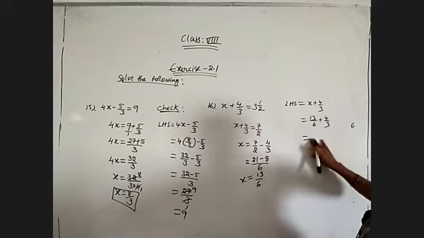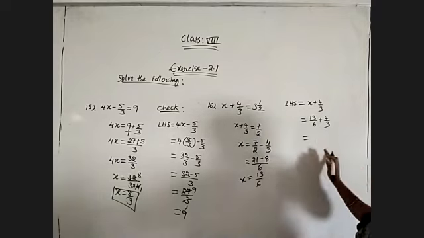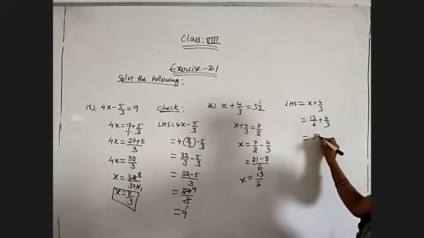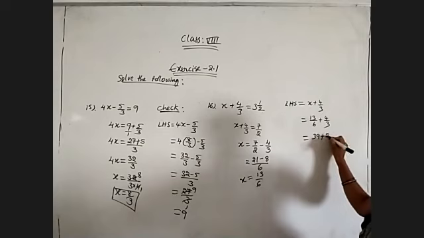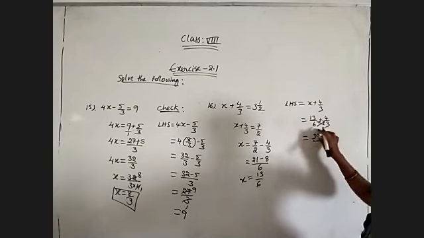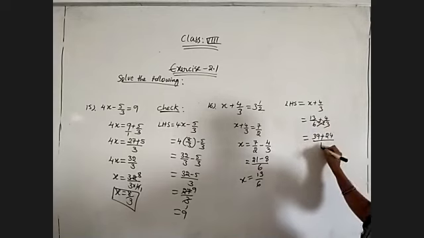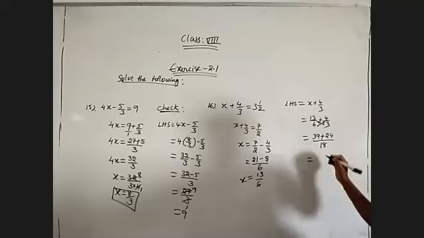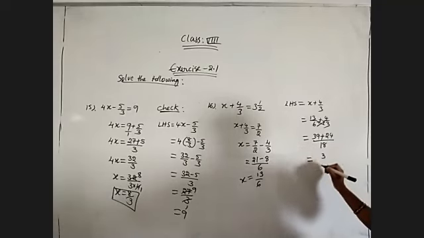Otherwise, as usual, if you want to go for the LCM, cross multiplication, go. 13 threes are 39 plus 6 fours are 24, by 6 threes are 18. Now, 4 plus 9, 13, and 6... 63 by 18.